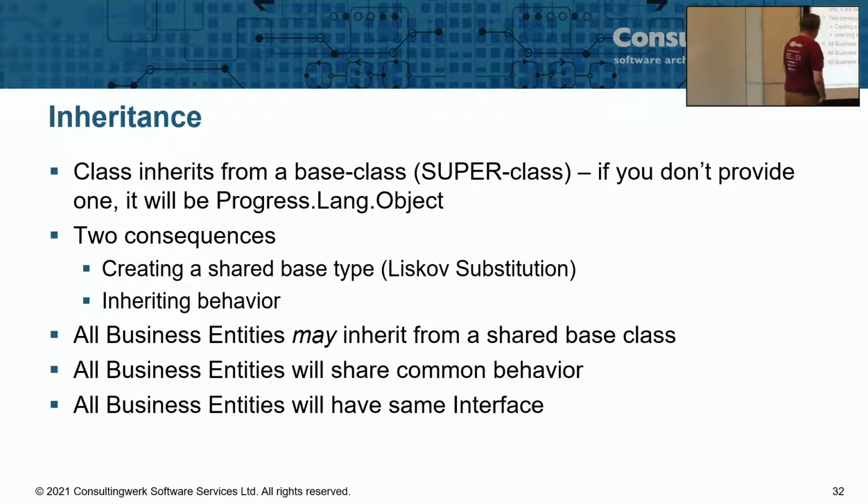So that actually means, well, you're creating a shared base type. So under the base class and all the objects that inherit from it, they could all be referenced by a variable defined of the base class type.